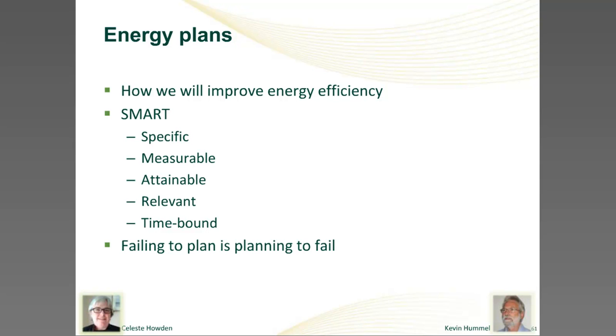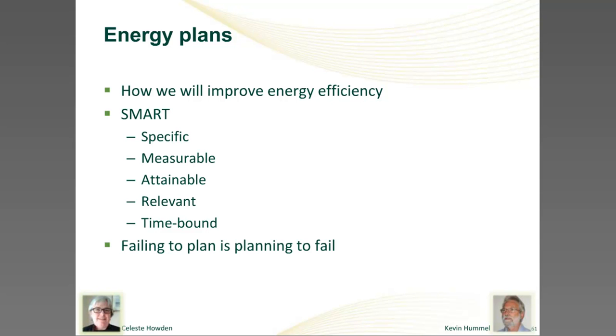We might talk about energy plans. So an energy conservation plan is the plan as to how we intend to go about improving our energy. And in many ways it's no different to any other plan, except it's about energy. So it helps if we have SMART objectives: specific, measurable, attainable, relevant and time-bound.